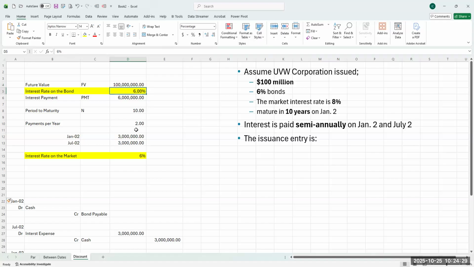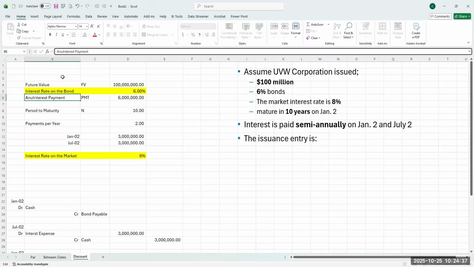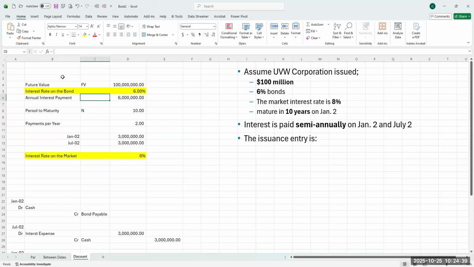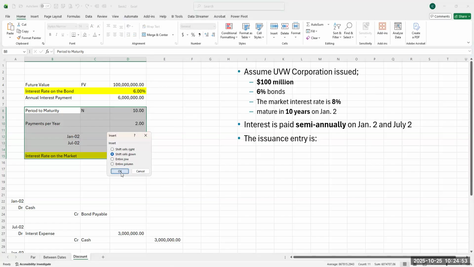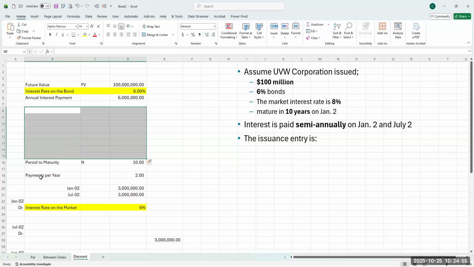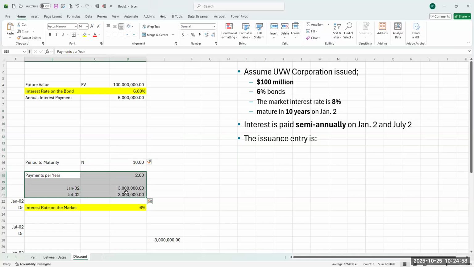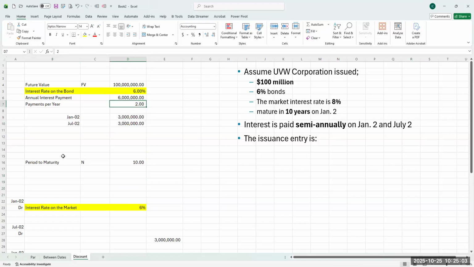$100 million. That's how much we have to pay after 10 years. The interest that we're going to pay on the bonds is 6%. So the annual interest payment is 6 million. We're going to pay it 2 times a year, on January 2nd and July 2nd.